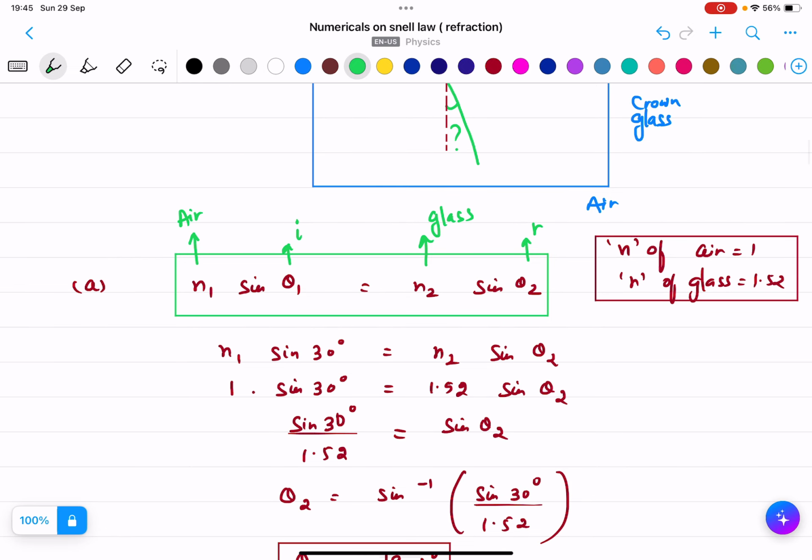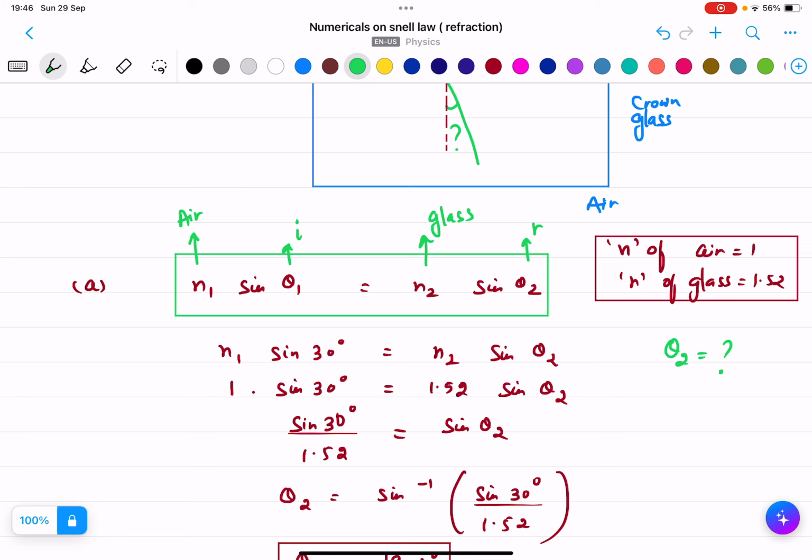We will put all the values. n1 sine theta 1, theta 1 is 30 degree, n2 sine theta 2, we need to find out theta 2. The refractive index of air is always 1, and glass is 1.52. These refractive indices will be given to you in the formula sheet. You need to check from there the refractive index of glass and of air.